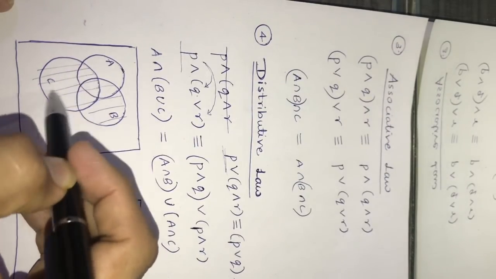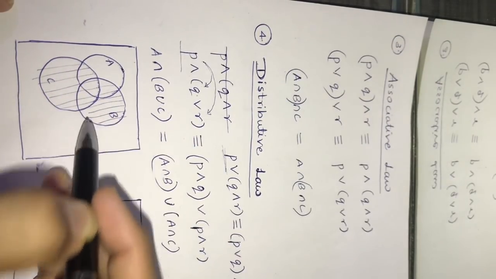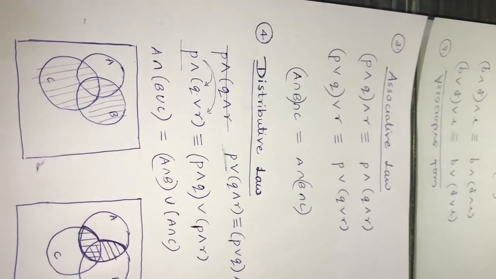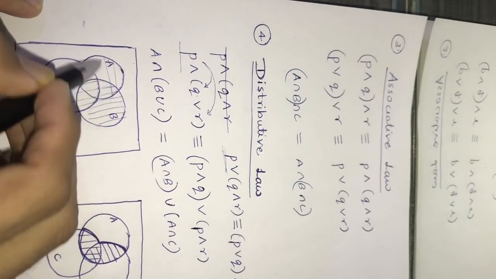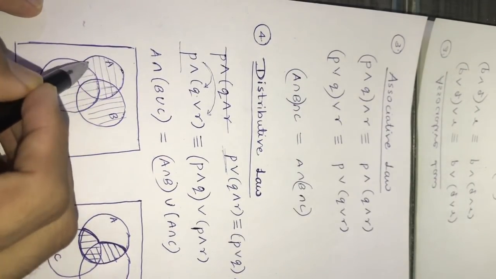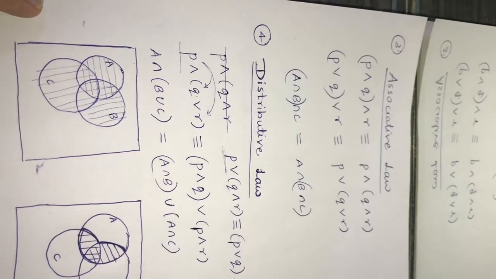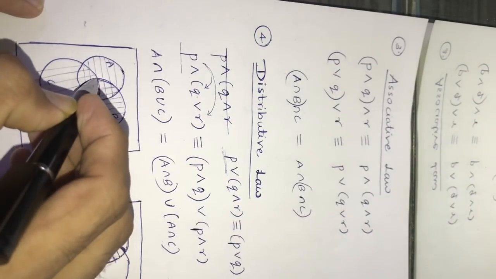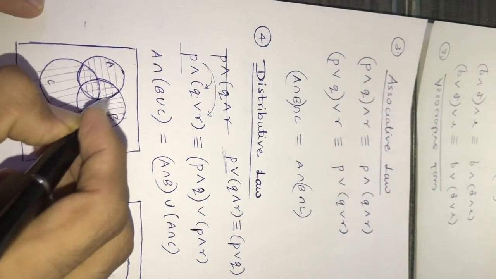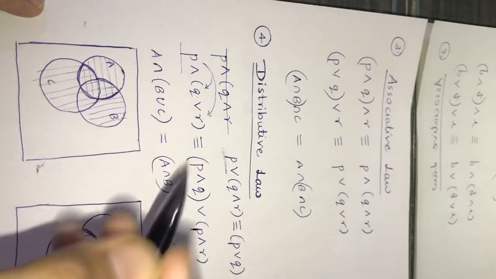So we have B union C, and I want to find out its intersection with A. So the horizontal lines is A, right? So where you can see the intersection of both the horizontal and the vertical lines, obviously in this region here. So this is the left hand side.